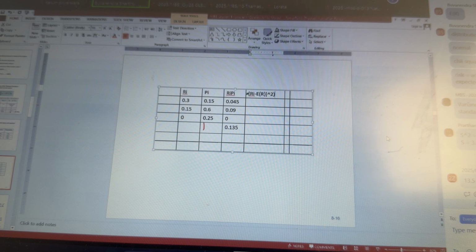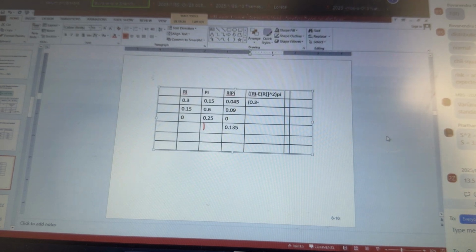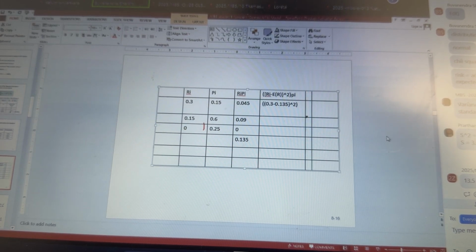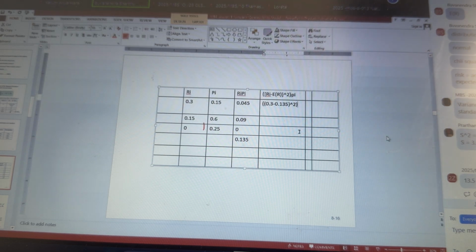That is the equation given to you, so it should be multiplied by Pi. If we take the first one, Ri is 0.3 minus the expected return we calculated, 0.135, power 2, multiplied by the probability 0.15.